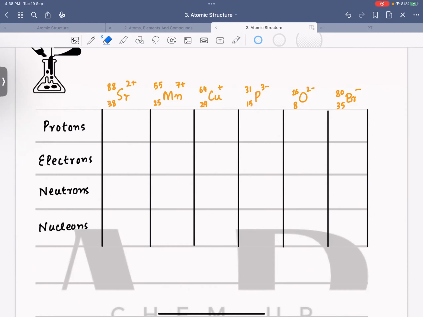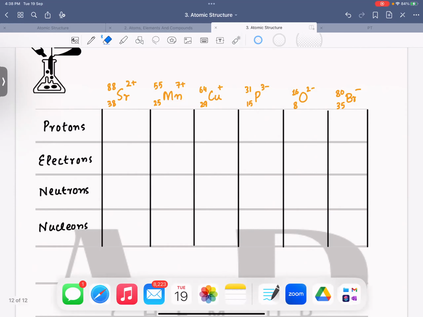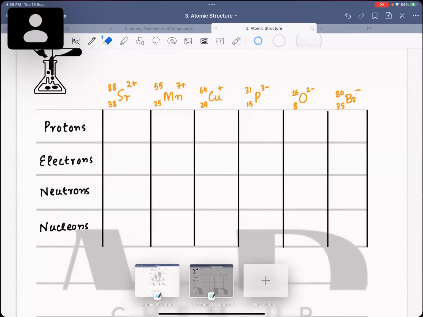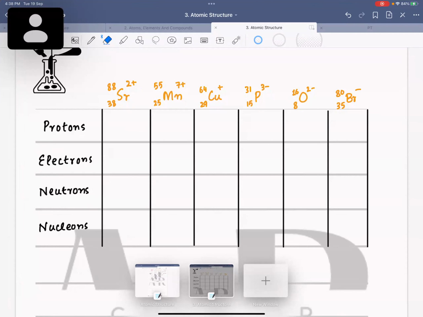Yes, Khadija, how much have you done? Sir, I have completed. Okay. You forgot, you have to subtract protons from nucleons. So first write nucleons, the bigger value is nucleons.